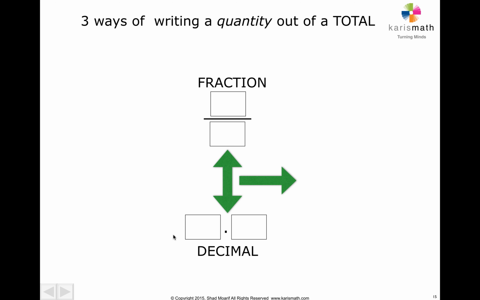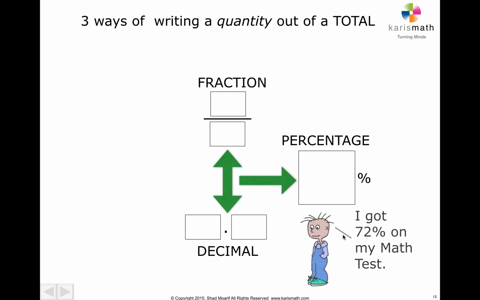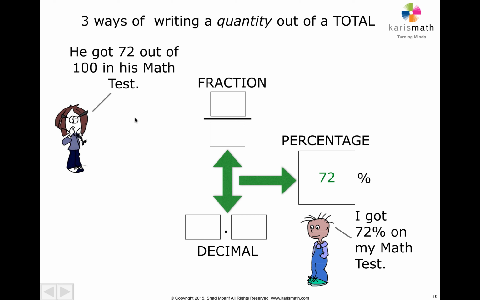Okay. Three ways of writing a quantity out of a total, right? One is like a fraction, the other is like a decimal, and the other is like a percentage. And so if you got 72% on your math test, what does it mean? Well, 72% goes there. If you want to write it as a fraction, that's 72 out of 100.